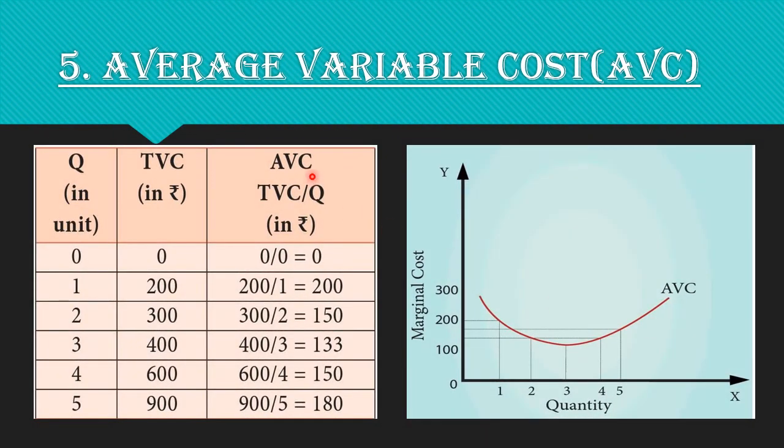Now here is average variable cost. Just now we have studied the average fixed cost. Now we are going to deal with variable. So variable cost, I told you that it has a link with the output. If the output is increasing, the variable cost will increase accordingly. And if we are producing nothing, the variable cost will be nothing.